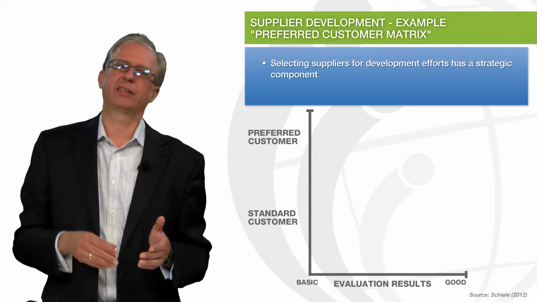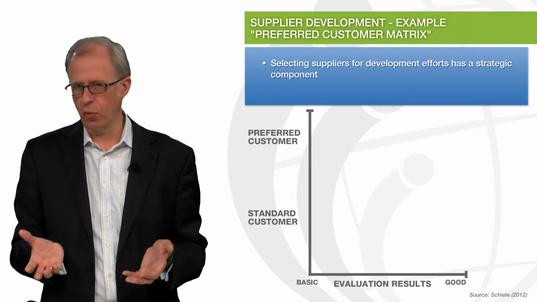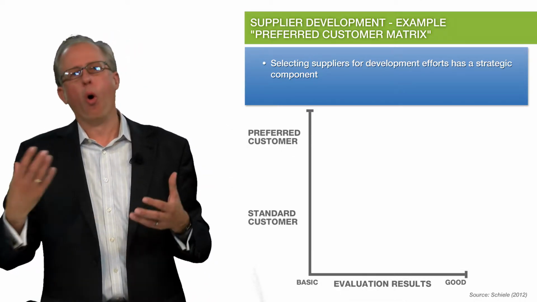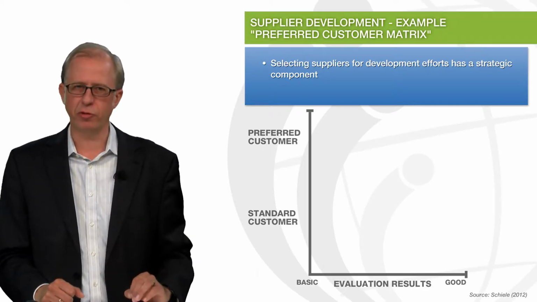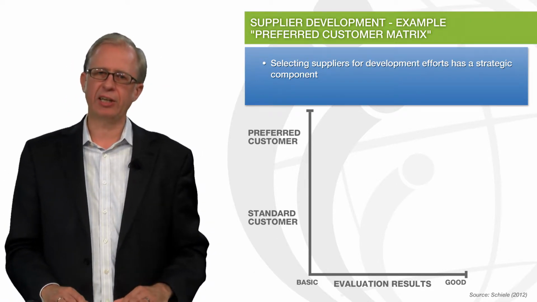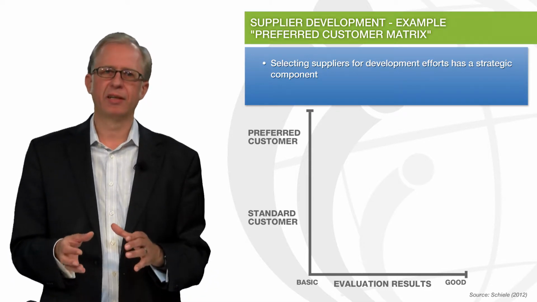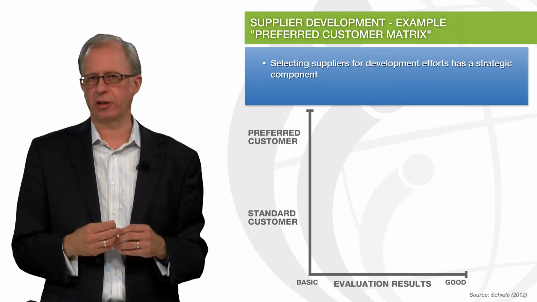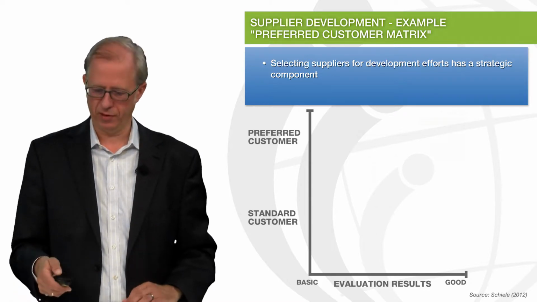And on the y-axis we see whether, and that's obviously what we have assessed before, our company is a standard customer of this supplier or whether it's really a preferred customer. And the argument now goes that supplier development should preferably be applied in the case the supplier is not fully performant, but we, as the OEM, as the customer, are a preferred customer. That is, we are going to profit from the investment which we are making in the supplier.